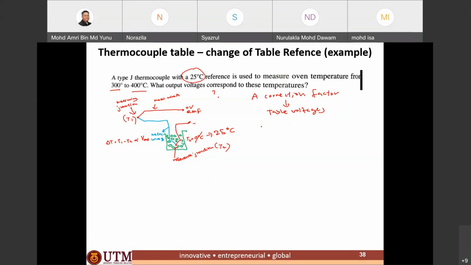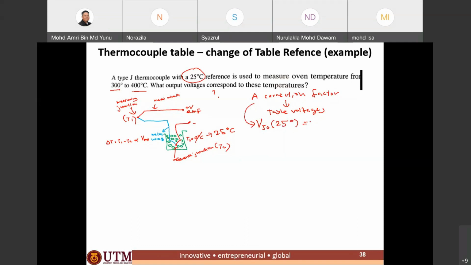So we write the correction factor like this: the voltage output for the J junction, based on the table with reference 0, at 25 degrees. So this is the correction factor.